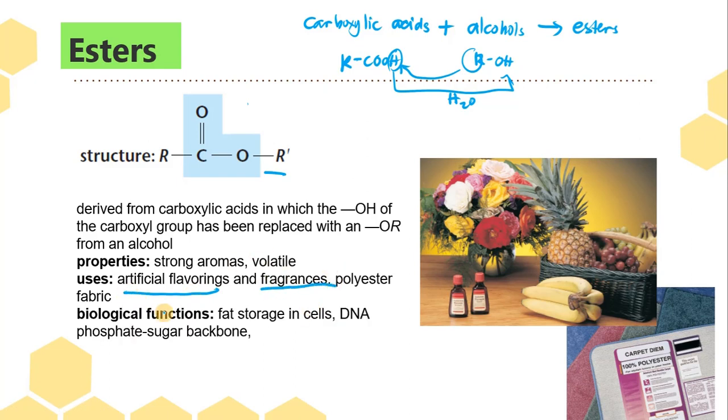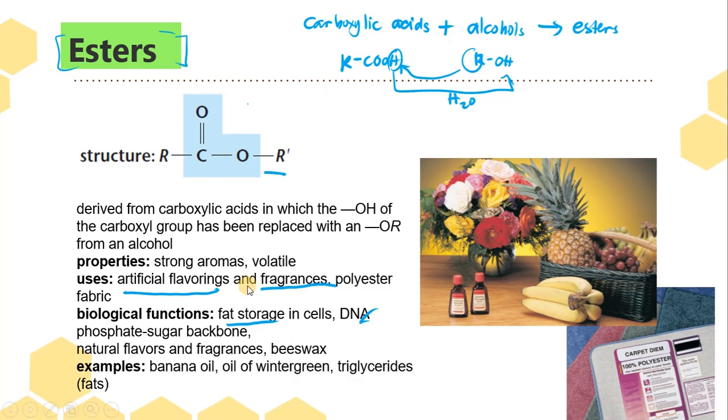Biological functions: esters are found in fat storage cells, in the DNA phosphate-sugar backbone, and in natural flavors and fragrances. Examples: banana oil, oil of wintergreen, triglycerides, or the fats.